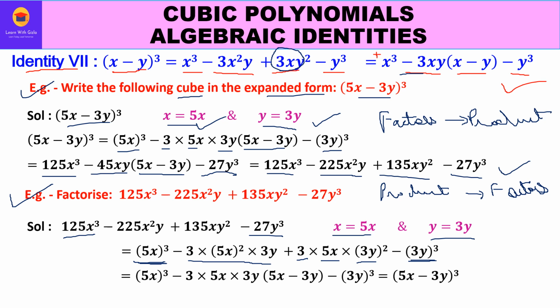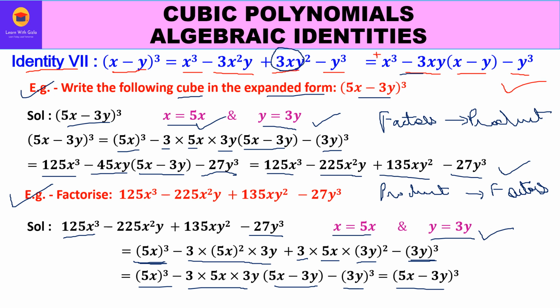Now you can take 3xy common, and in between you have x minus y. x is your 5x, y is your 3y, and 5x whole cube and 3y whole cube are same. Right, so when you have identified your x and y and you have written the product in this form, its factors will be 5x minus 3y whole cube.